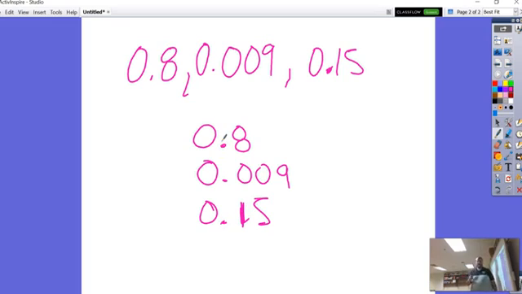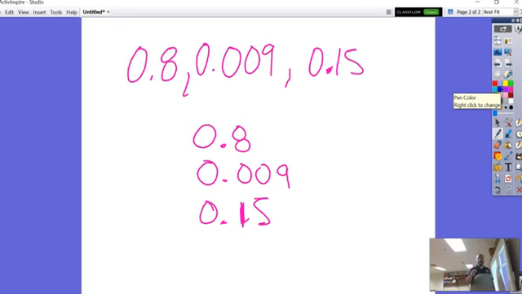The reason I do this is that sometimes decimals have more digits, sometimes less. I have one that has 1 digit, another that has 3 digits, and another that has 2 digits.